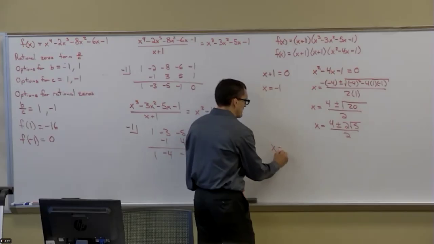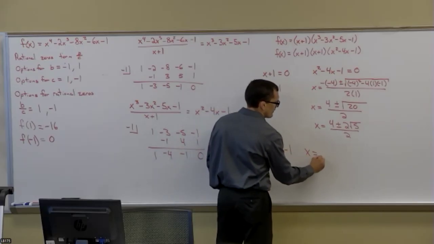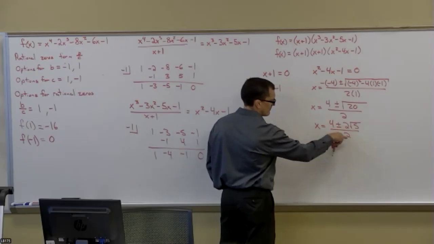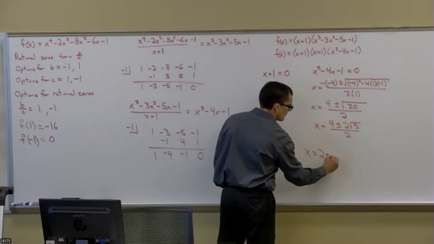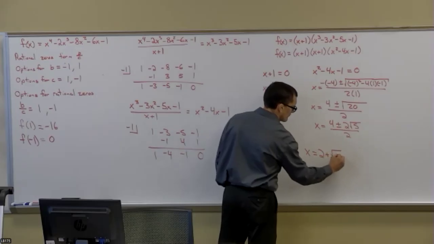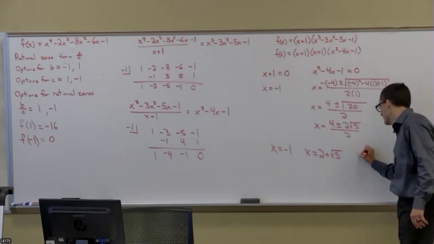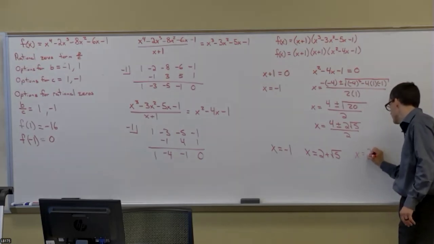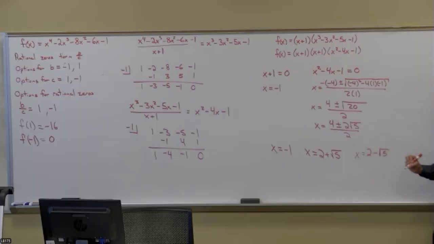So we get 3 zeros. One of them is -1. The other, again, simplifying by dividing everything by 2, I get 2 plus 1 times root 5. And then the third would be a 2 minus the square root of 5.